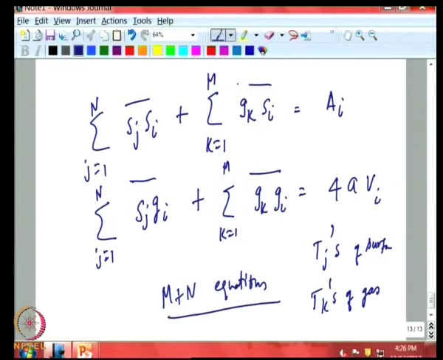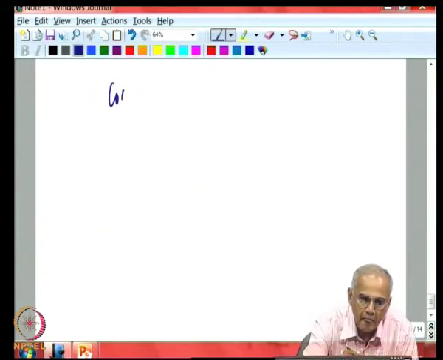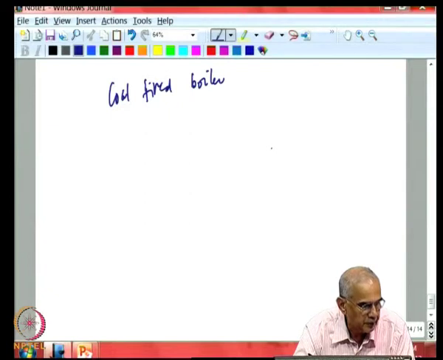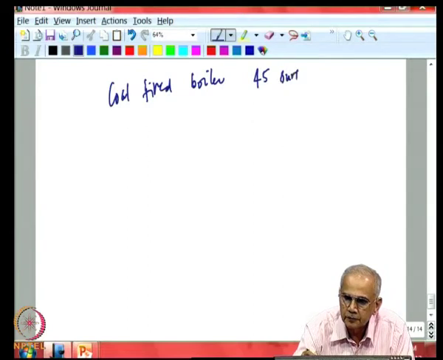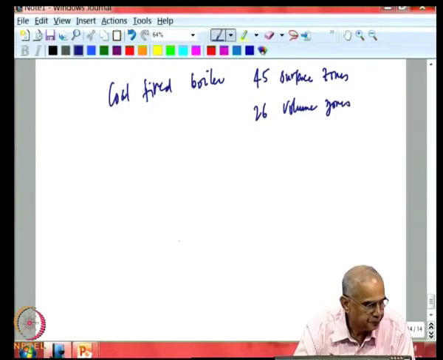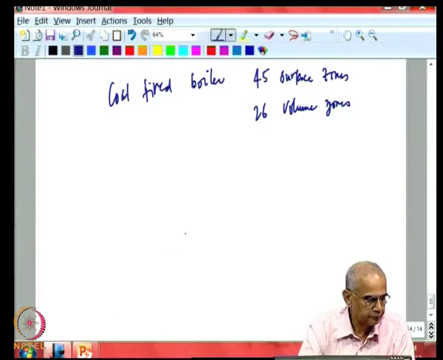Now, to give an example of a work done for a coal fired boiler. One example that is taken from a published paper, they divided the boiler into 45 surface zones and 26 volume elements, and they estimated the amount of steam generated.